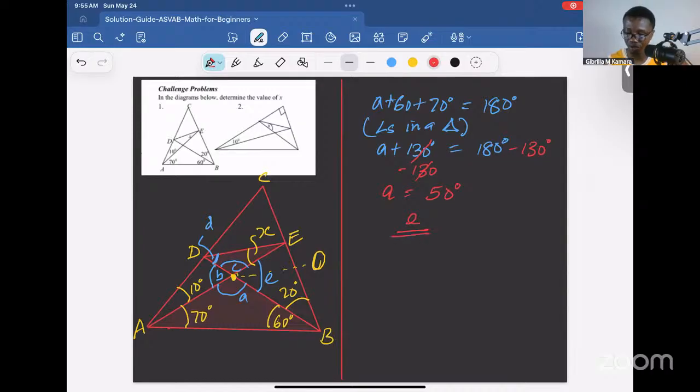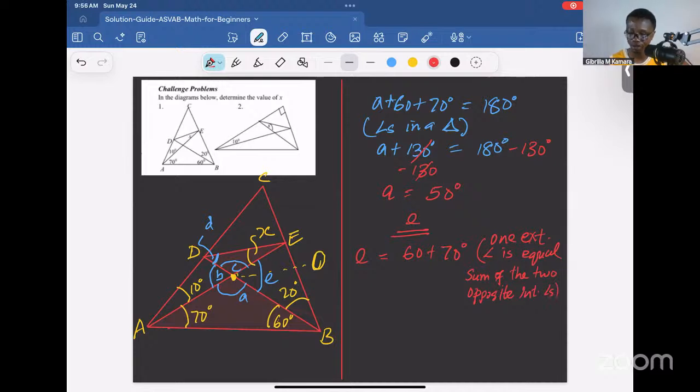Let's look for E. Okay? So we know E is equals to 60 plus 70 degrees. Why? One exterior angle is equals to the sum of the two opposite interior angles.